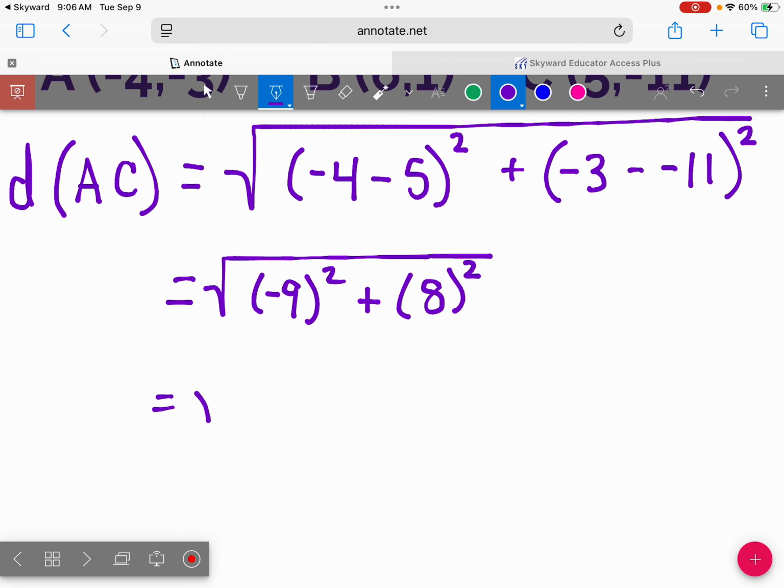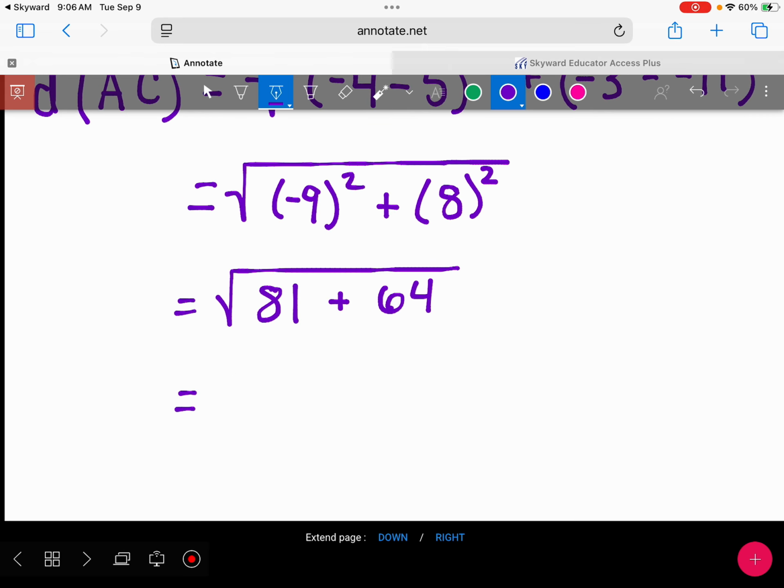So then we have -9 squared, which is 81, and 8 squared, which is 64. 81 plus 64 gives us 145.